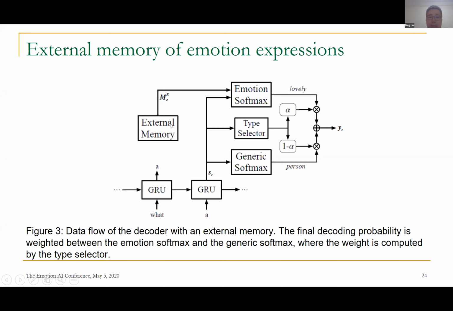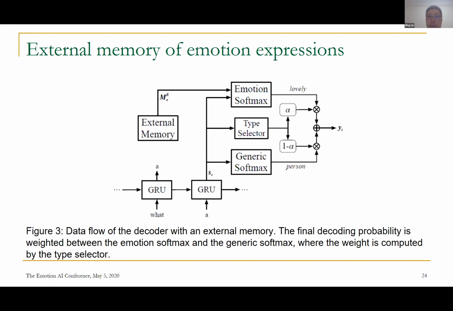So in order to decide the next word, what do we generate? Are we going to generate an emotion word, or general words, basically the content words? Then we have loss functions here, emotion softmax, and also the generic softmax, which is basically for other words. And then the type selector, essentially a probability on the emotion side or on the content word side, which together decides the proportion of what we are going to generate.